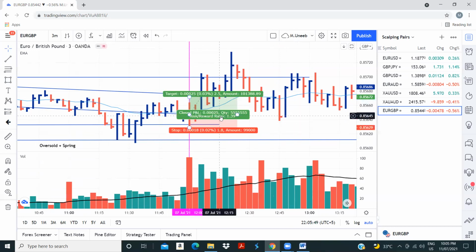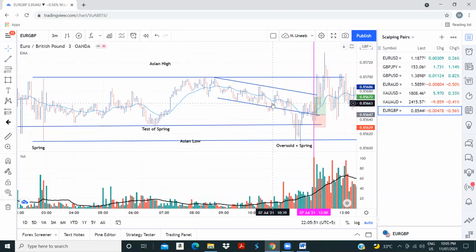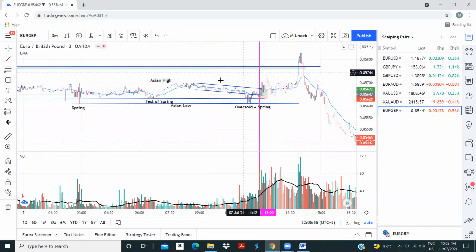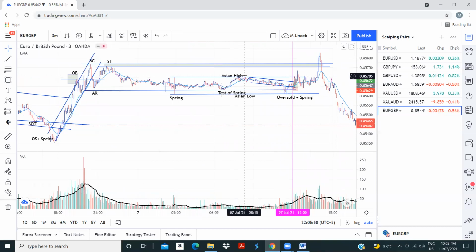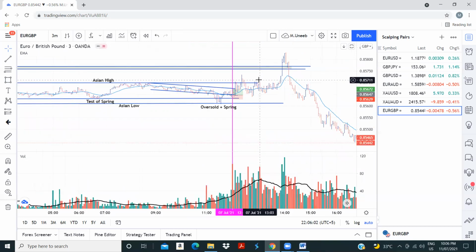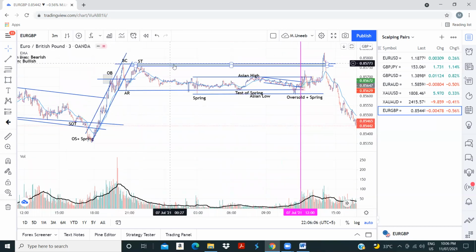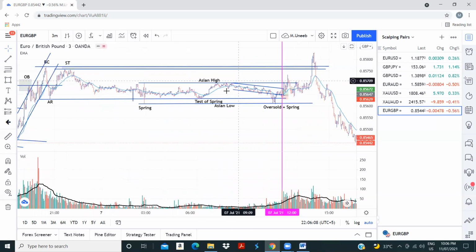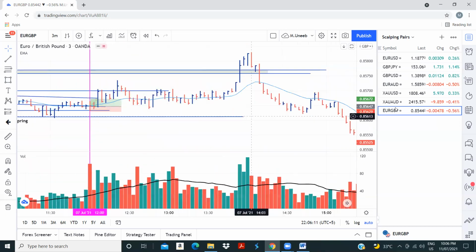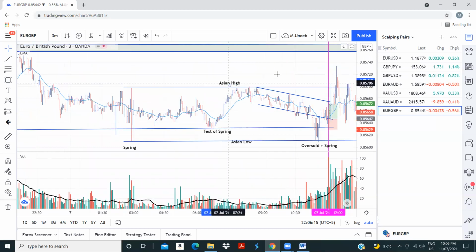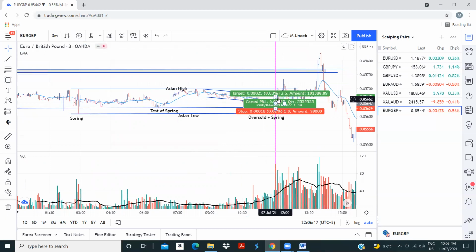All right. And then where would be our take profit? Of course, our take profit would be at the selling zone. You can take the Asian high as a first target, or you can take the upper selling zone. If you go for the Asian high, because this is the Asian high over here, you make 2.83.